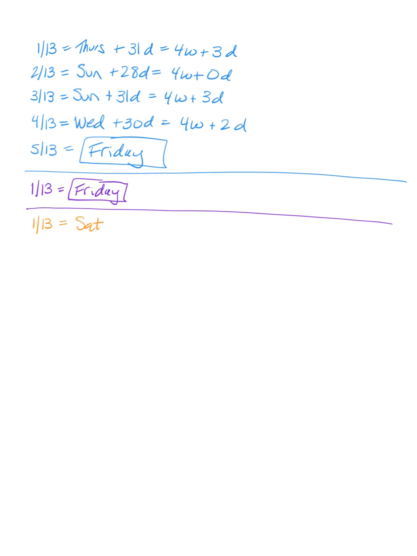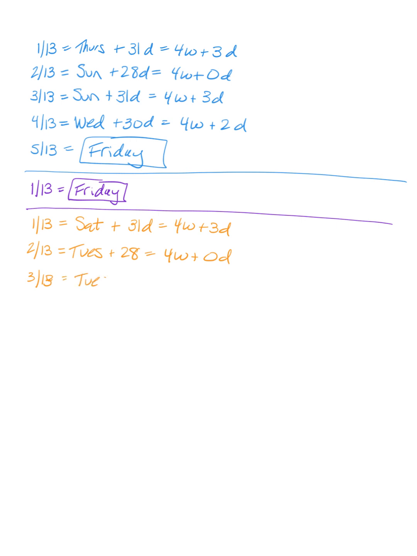We know that we need to go ahead 31 days or 4 weeks and 3 days. So I'm going to move the day of the week ahead by 3 days. So Sunday, Monday, Tuesday. And there are only 28 days in February, which is exactly 4 weeks. So I don't move the day of the week to get to March 13th.